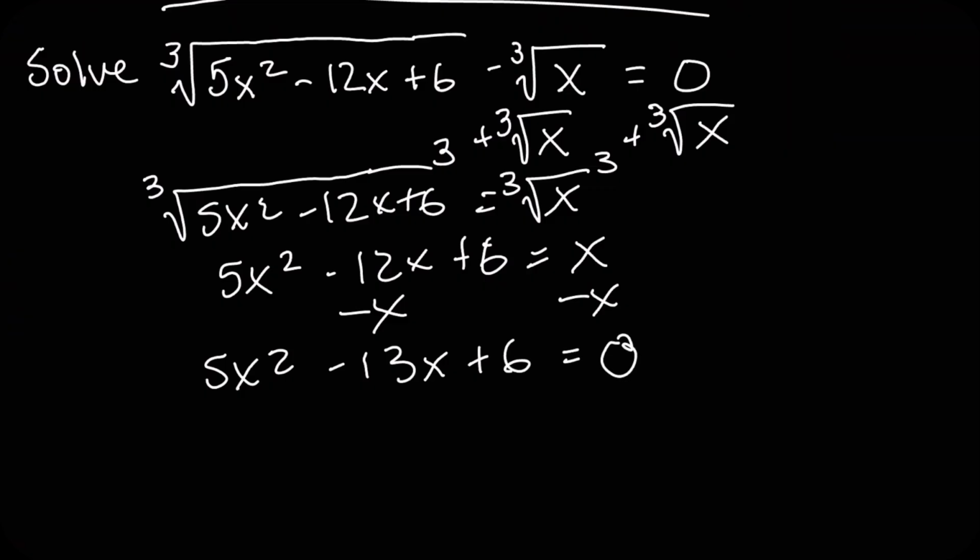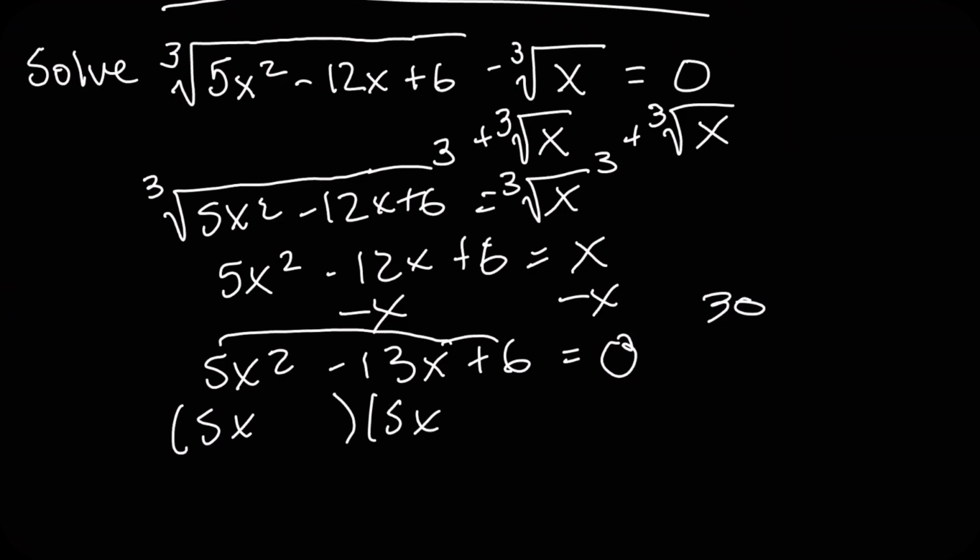And we can go ahead and try to solve for x. So let's go ahead and factor this out. I'm going to multiply the 5 times the 6 here to give us a 30. So we want two numbers that multiply to 30, and then when added or subtracted together gets us this negative 13. So that will be a negative 10, and that will be a negative 3.